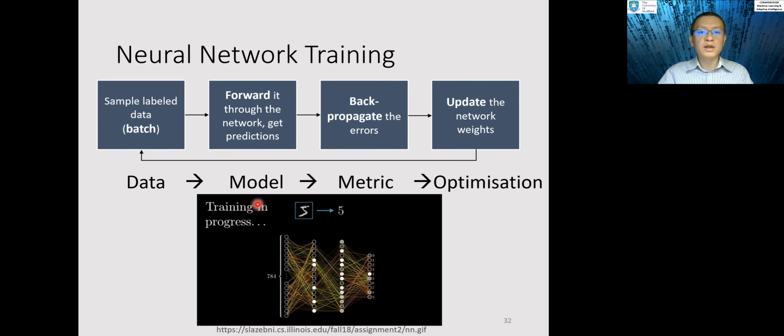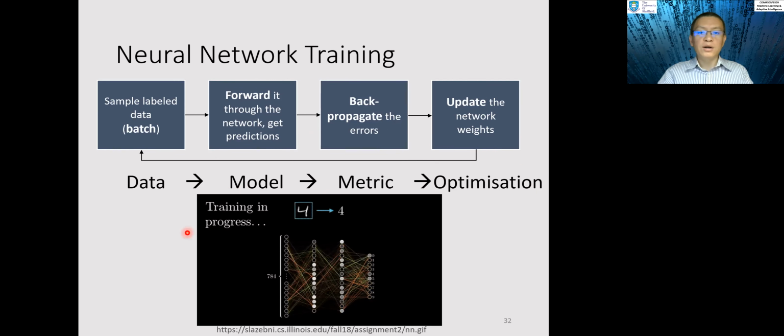So this is basically applying our model to the batch data to generate some output. And then we use a metric to evaluate the errors or the loss for this prediction. And then we backpropagate these errors so that we can update our network weights for a better prediction. So this is the optimization procedure.